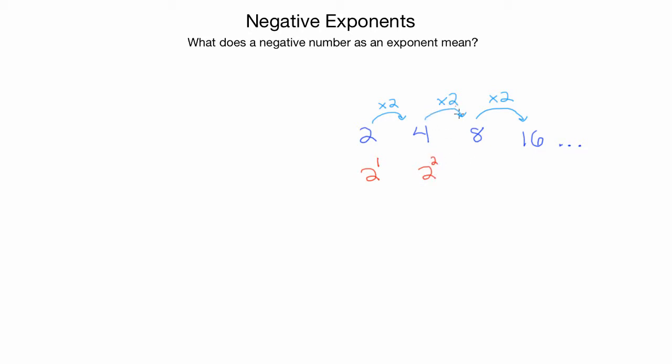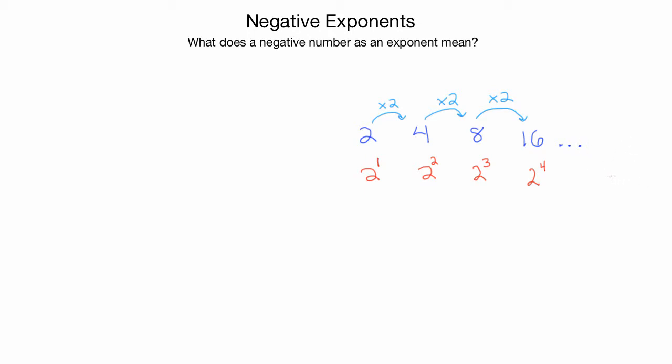Multiply by a third 2 and we have 8, which is 2 to the third power. Multiply that 8 by another 2 and I end up with 16, which is 2 to the fourth power. And there are our exponents. It's repeated multiplication, and the exponent just tells me how many 2's are multiplied at that point. It can keep going on and on: 32 would be 2 to the 5th, 64 would be 2 to the 6th, and so on.